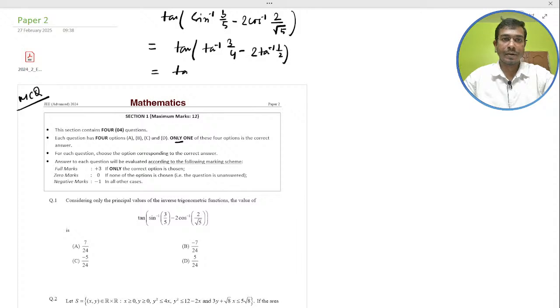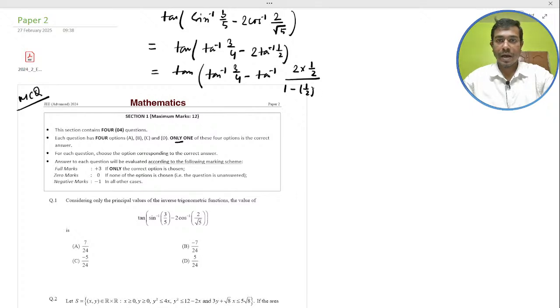This is nothing but tan of tan inverse 3 by 4 minus tan inverse 2 into half divided by 1 minus half square. This is equal to tan of tan inverse 3 by 4 minus tan inverse 4 by 3.